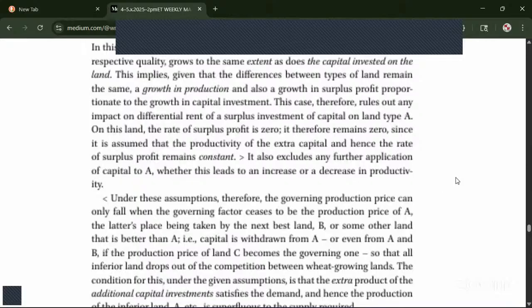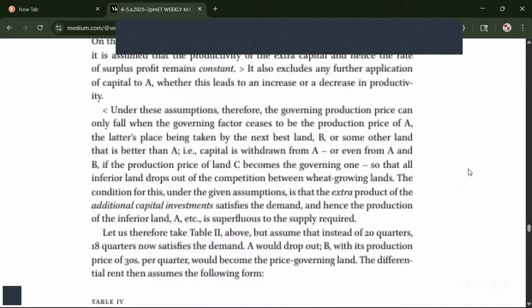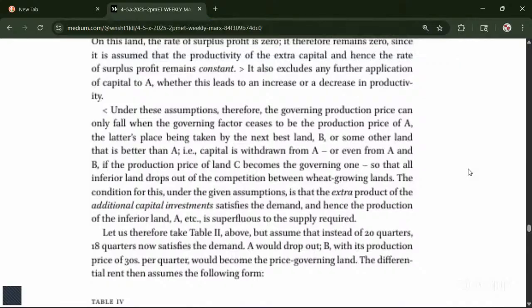The condition for this, under the given assumptions, is that the extra product of the additional capital investment satisfies the demand, and hence the production of the inferior land A is superfluous to the supply required.